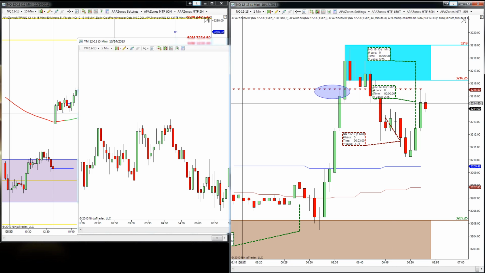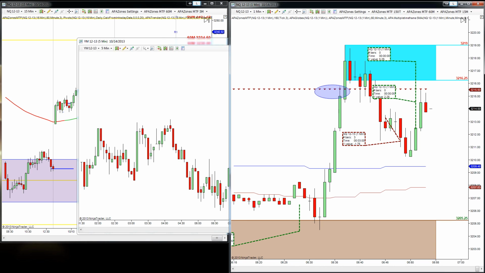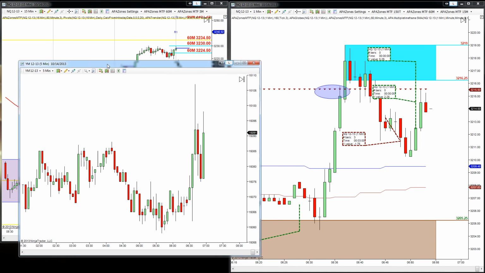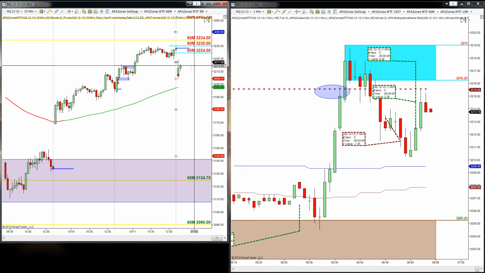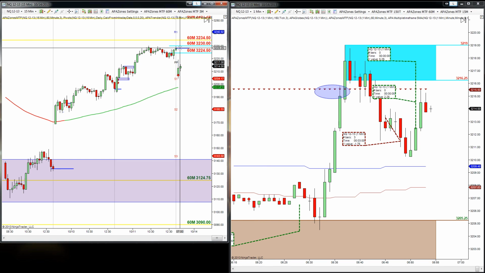That's the idea. Because I really want to see that gap fill, now that it's given us that direction.